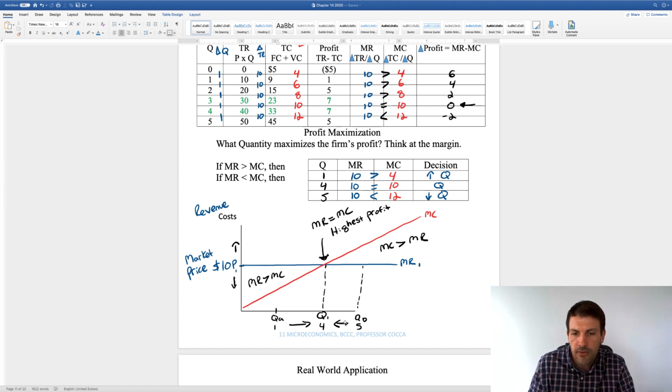Now, theoretically, if you went too far, this is where your marginal cost is above your marginal revenue, so you would want to reduce your quantity to maximize your profit. So that's a sweet spot right there for this business. You want to produce approximately 3 or 4 gallons of milk or quantity of milk to maximize your profit at $7.